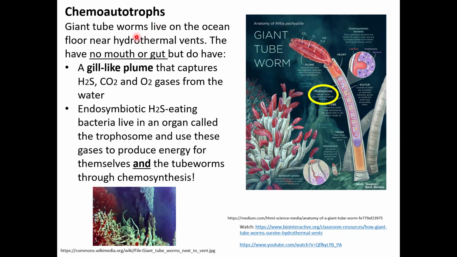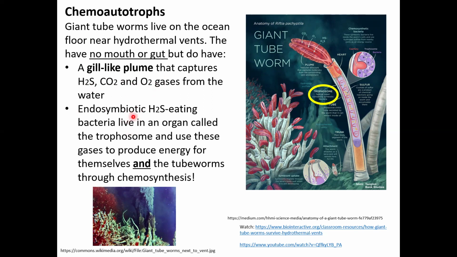this is an example with giant tube worms like these, where they live near the hydrothermal vents that we were talking about. They do not have a mouth or a gut, but they have a gill-like plume like this, where it captures hydrogen sulfide, carbon dioxide, and oxygen gases from the water itself.